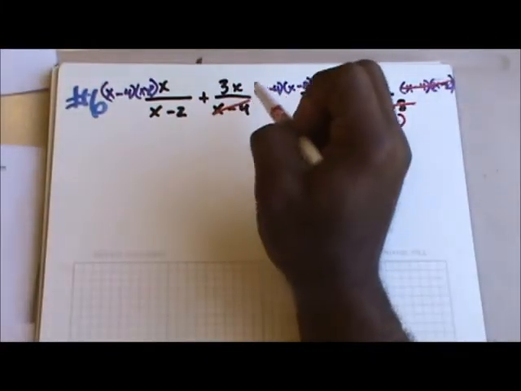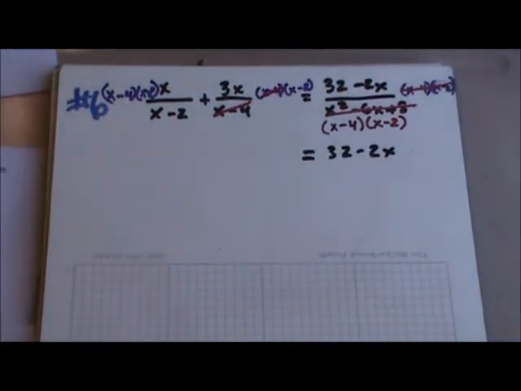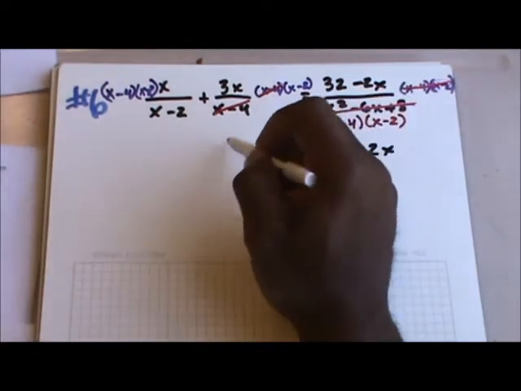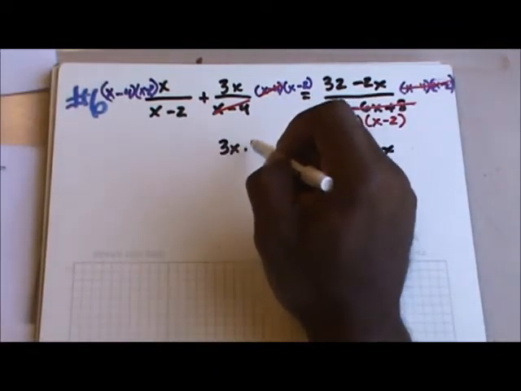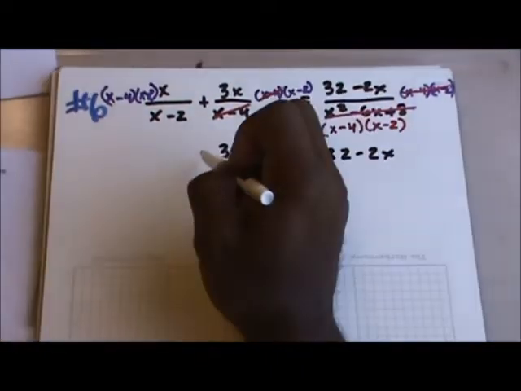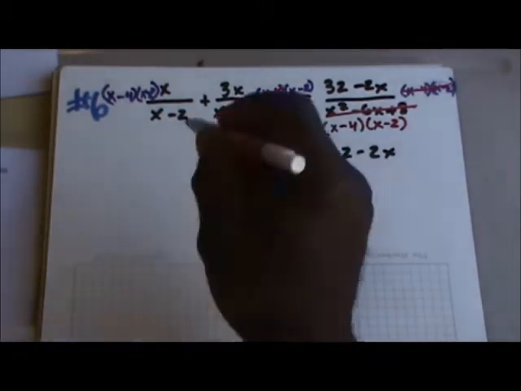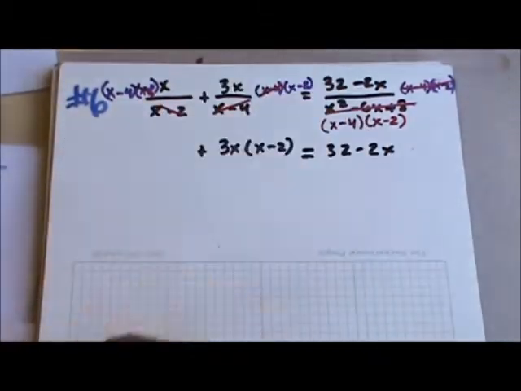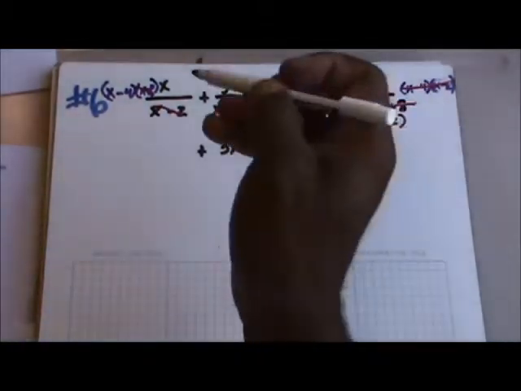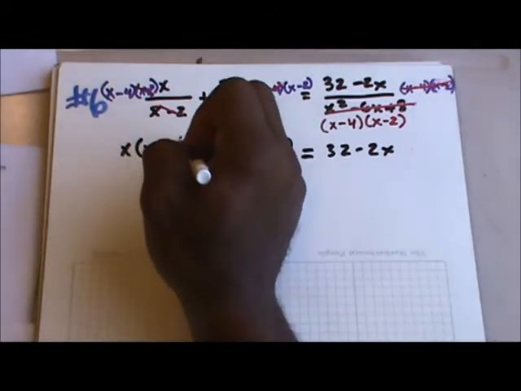Here the x minus 4 factor cancels, and we're left with 3x times x minus 2, and the x minus 2's cancel here, and we have x times x minus 4.